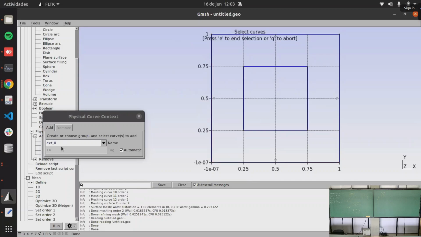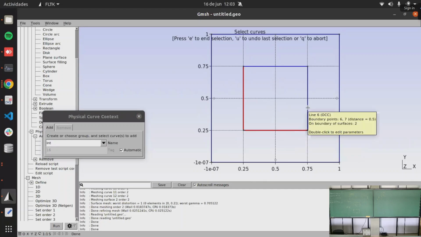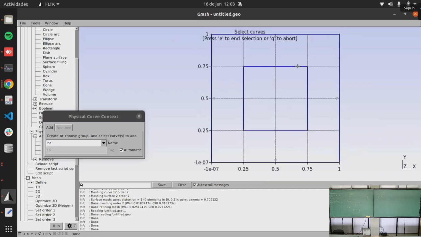I can do this, and I have a different name for the boundary. And maybe I want to give the interior boundary like this, all the boundary together.